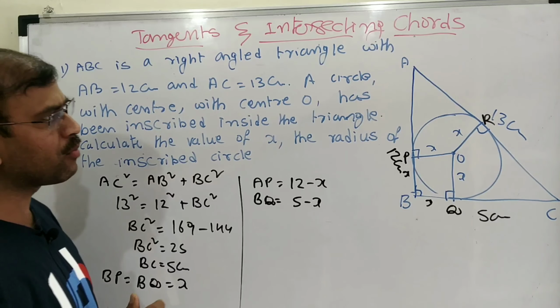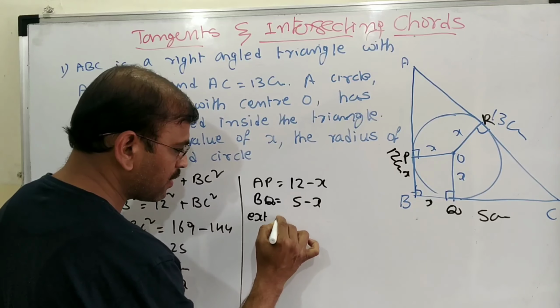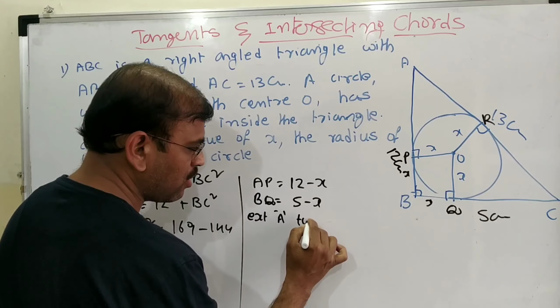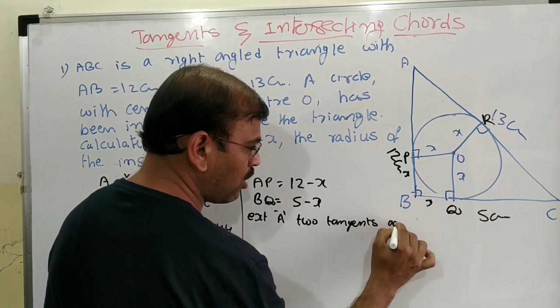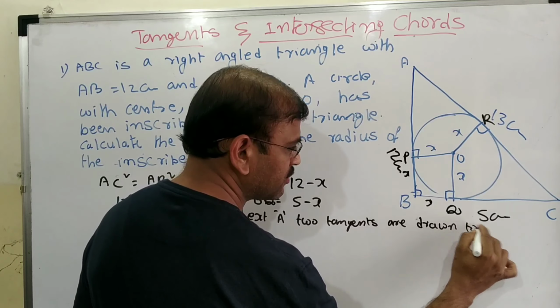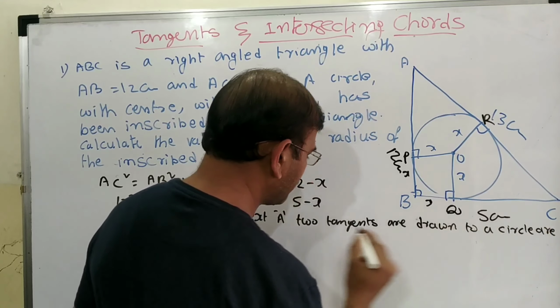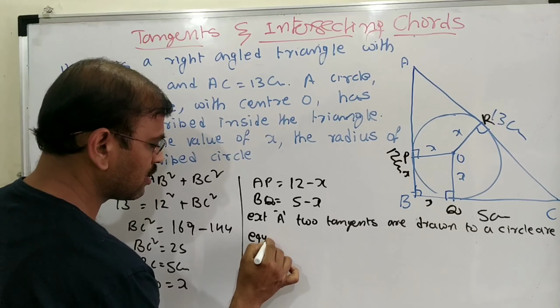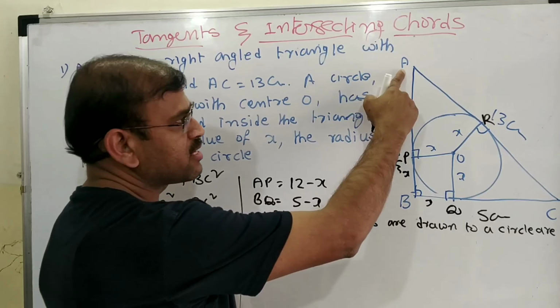So next step, what I am going to write. From exterior point A, two tangents drawn to a circle are equal. So this is the exterior point.